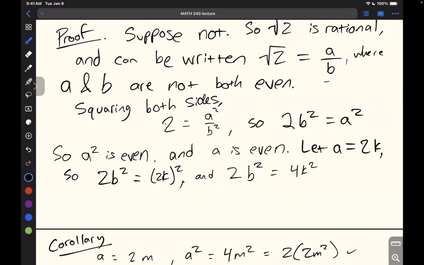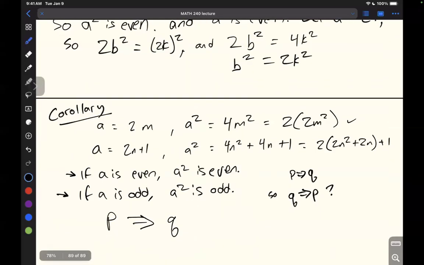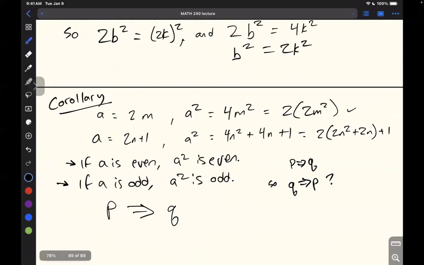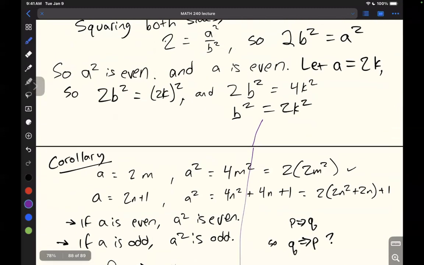This is a step where I might do multiple steps of math in one. If we divide both sides by 2, we get b squared is equal to 2 times k squared. Can you see where I'm going? Yeah, you're seeing where I'm going.